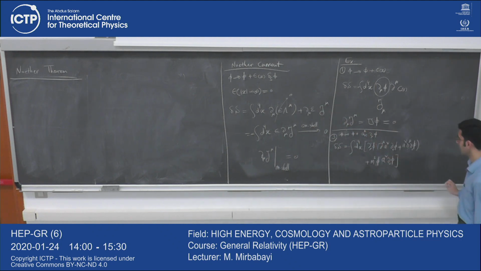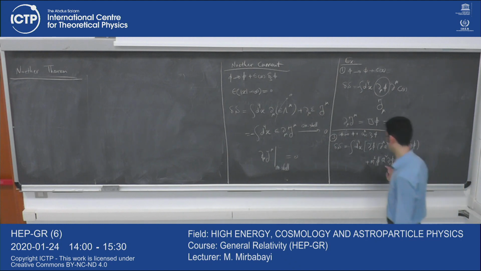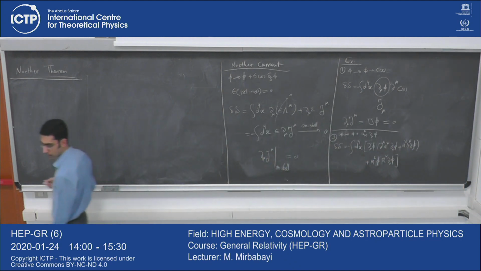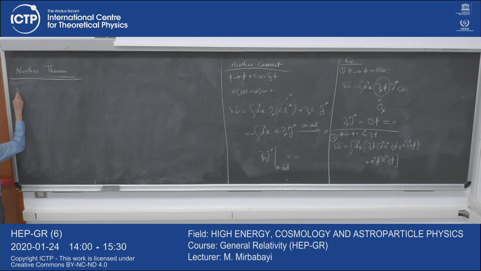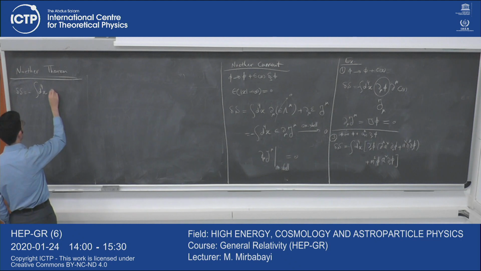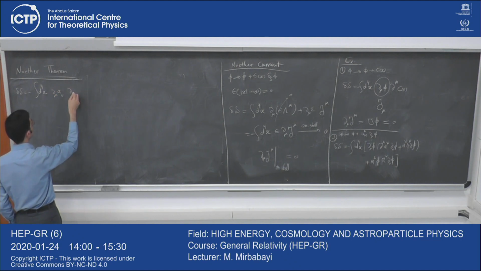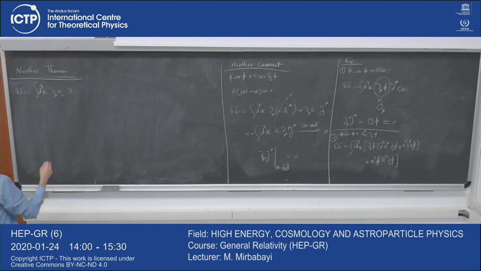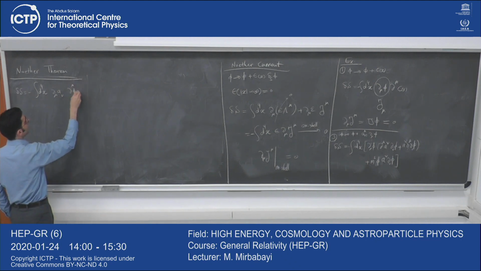So I keep it. And the other ones we can manipulate a little bit. So there is d mu a mu times d mu phi d mu phi.